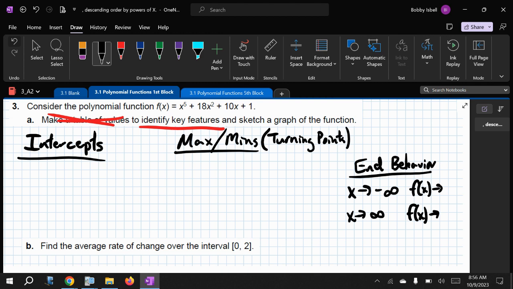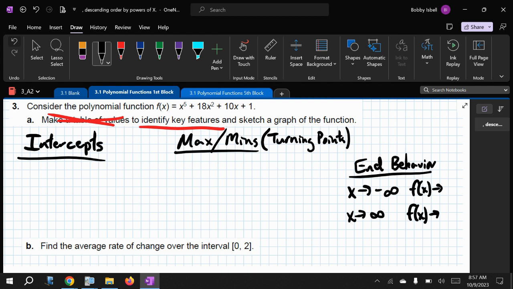What's the degree? 5. So it's an odd degree. So I know the ends are going to go in what directions? Same or opposite? Opposite, because it's odd. What's the leading coefficient? 1. +1. That's in front of the x to the 5th.